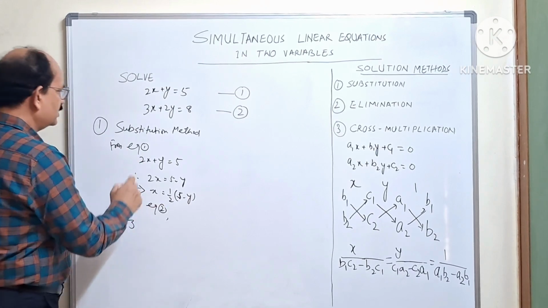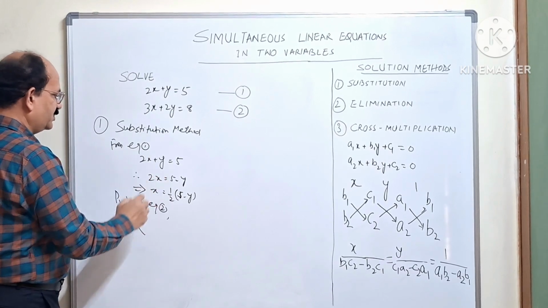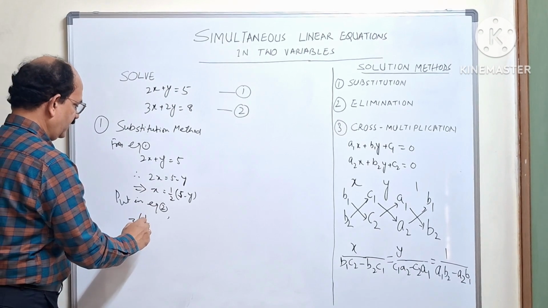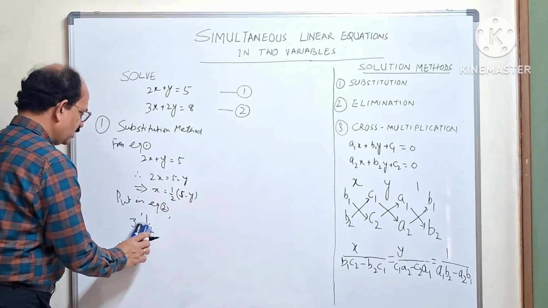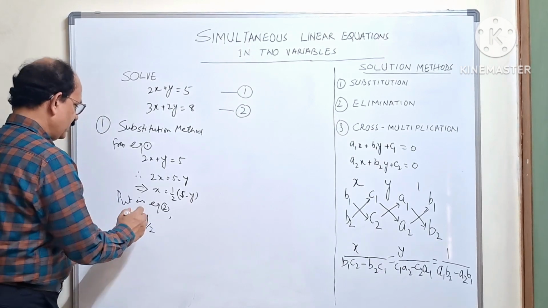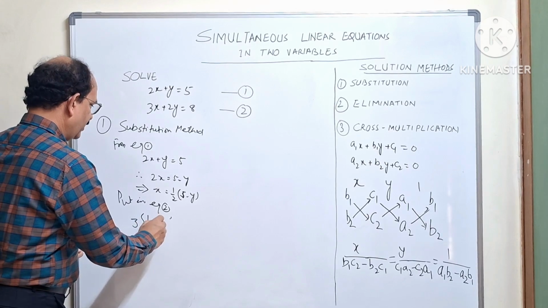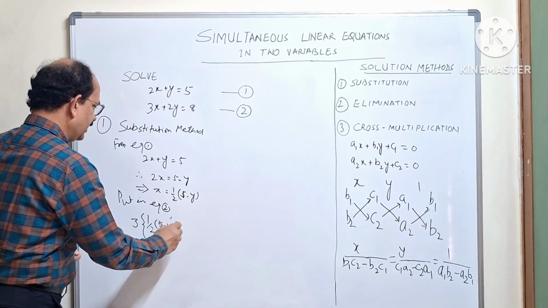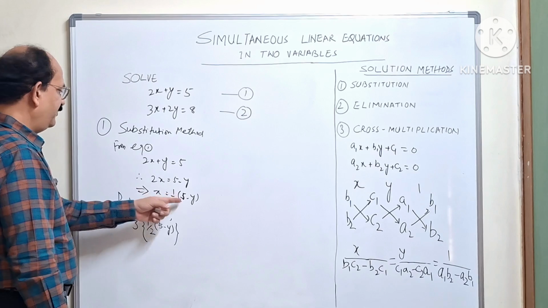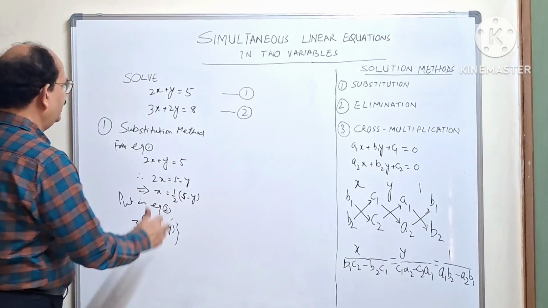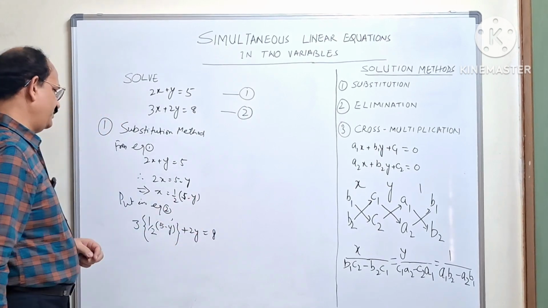Now if I use x in equation 2 in terms of y, then I'll have to write 3 multiplied by half. Of course, I need to put a curly bracket here. Half multiplied by 5 minus y. I simply replaced x from half 5 minus y in this equation 2, plus 2y is equal to 8.